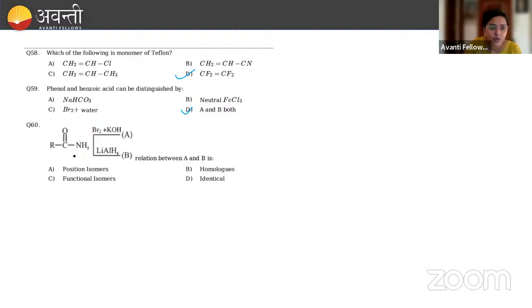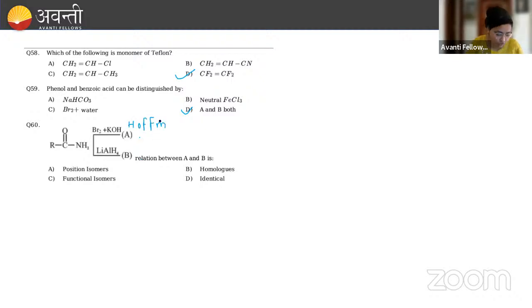Next, RCONH2 with Br2 plus KOH and LiAlH4, A और B हम लोगों को जो मिल रहे हैं product, are they position isomers, homologous, or functional isomers? When Br2 KOH reacts with the amide, that reaction is known as Hofmann bromamide reaction.